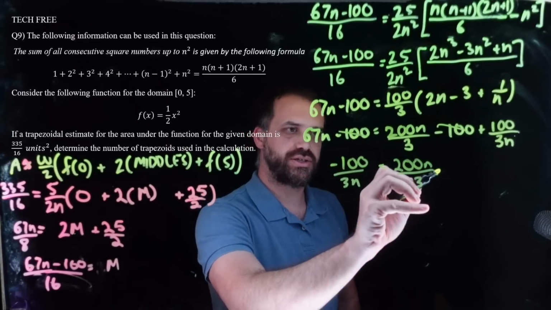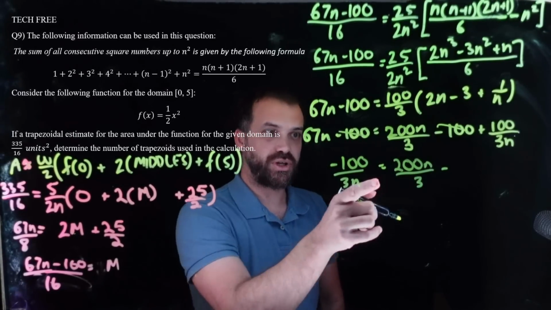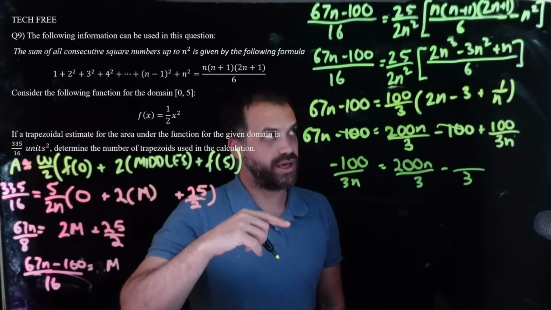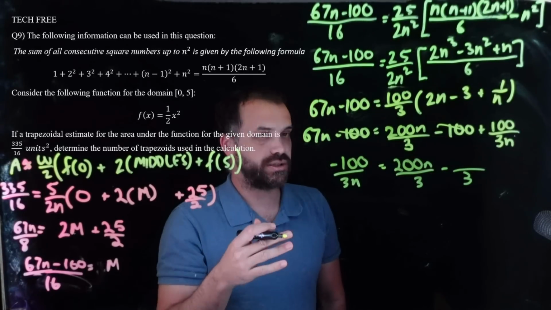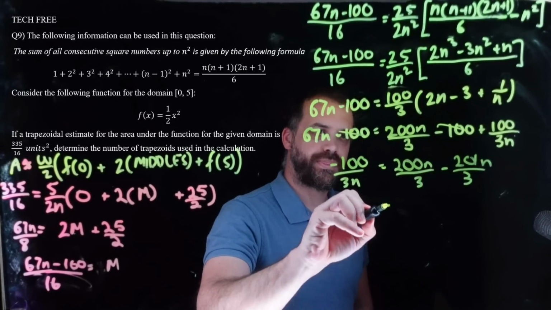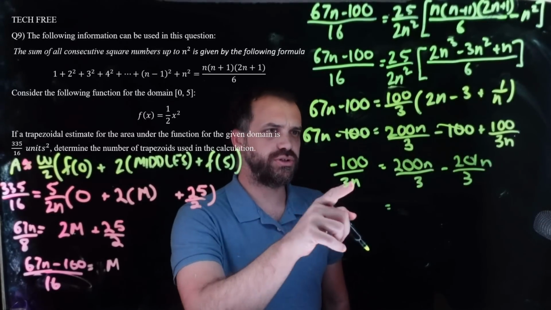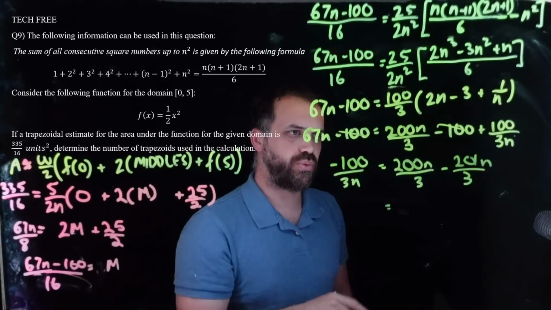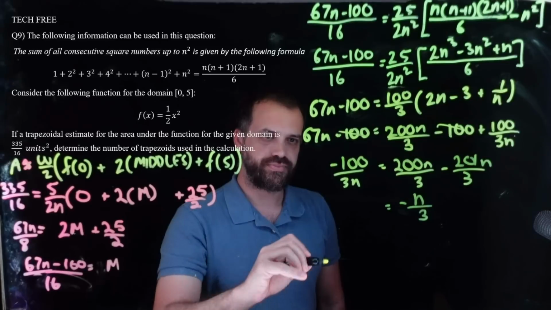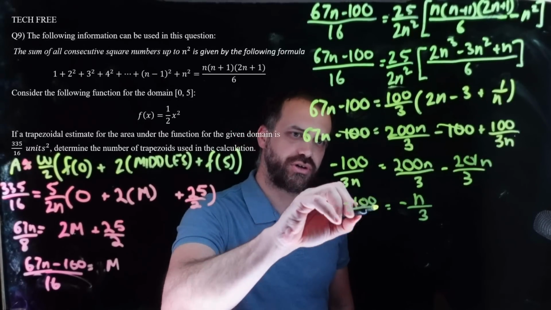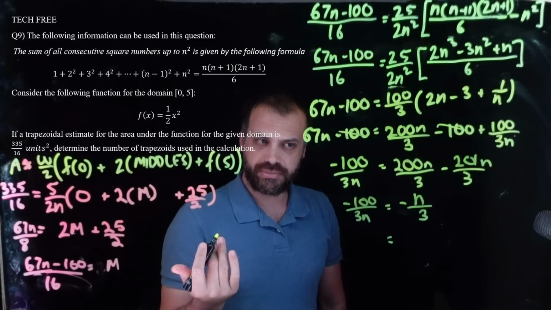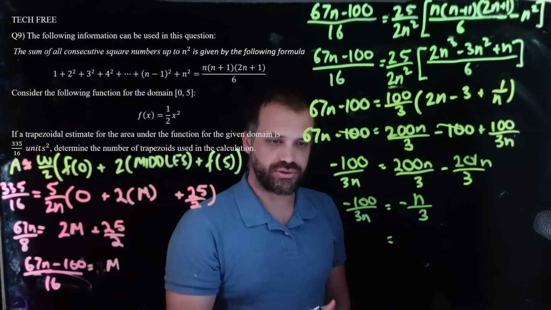And if I take this over, negative, and I'm going to want to add them together, right? So I want it to be over 3. So 67 times 3, that's 201. Okay, that looks good because 200n minus 201n is negative n over 3. And I have here negative 100 over 3n. Multiplying both sides by 3 would just kill the 3's.